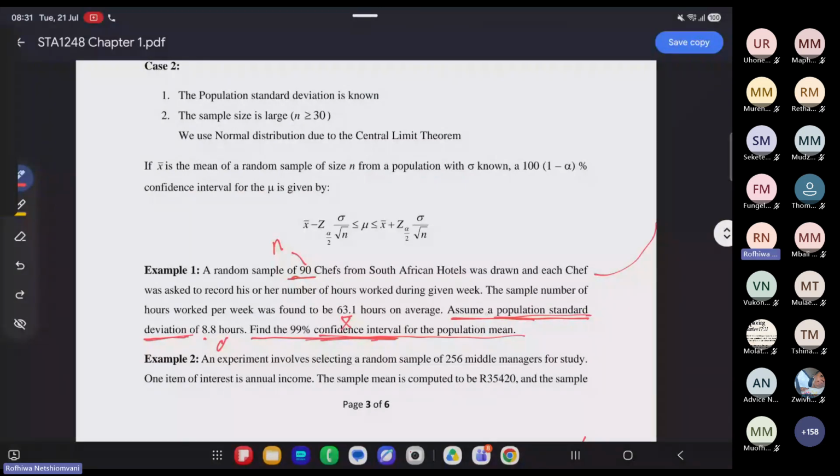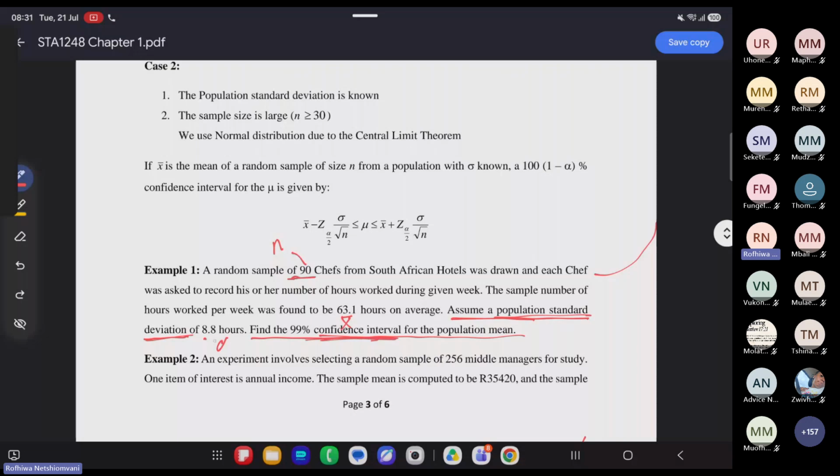Then we assume a population standard deviation of 8,8. That just answers a simple question: is the population standard deviation given or not given? It's given. Then write down the 99%.